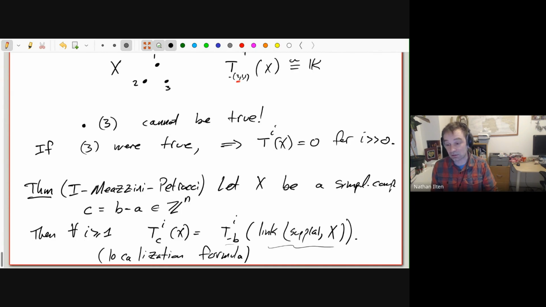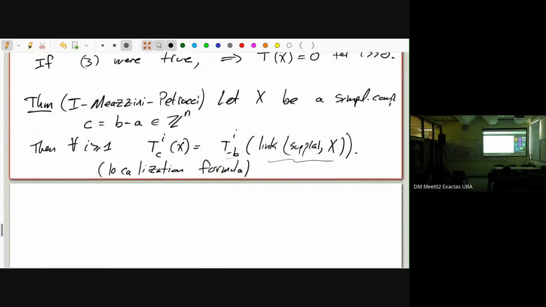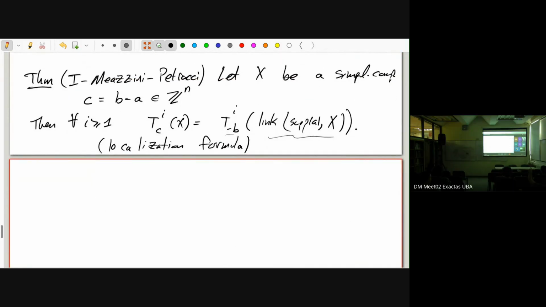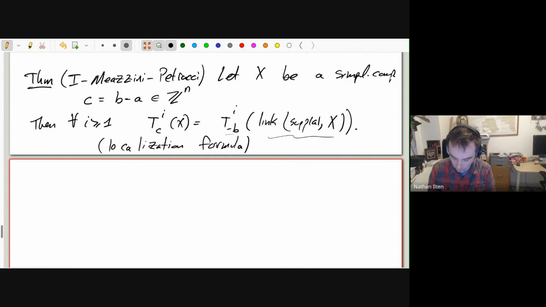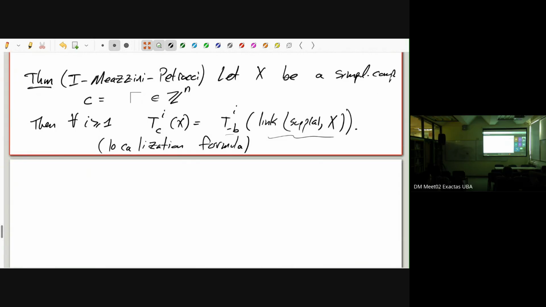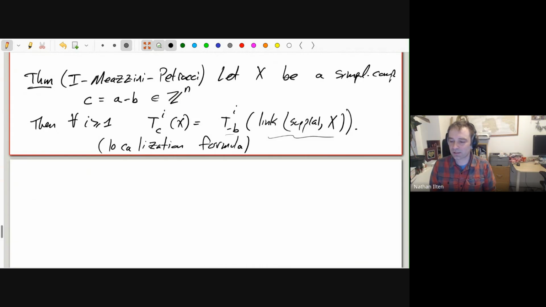In particular, the dimension is going down, and this turns out to be very useful when you're trying to prove things like vanishing of cotangent cohomology using some induction or something like this. Sorry, Nathan, I have a small question. Is it B minus A or A minus B? Did you switch? Oh, yeah, sorry, thank you. That's still A minus B. Yes. Just checking if people are paying attention.